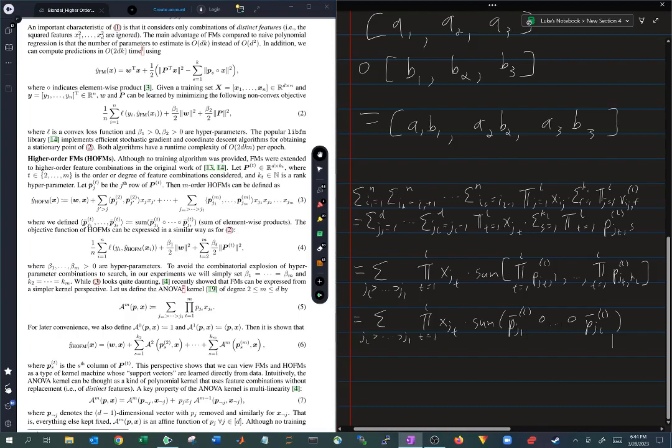Then the next vector that appears here, the first entry will be lowercase p sub j2 comma 1. All the way up to here, and eventually you end at lowercase p sub jl comma 1. And we see that that's exactly what this product is here.